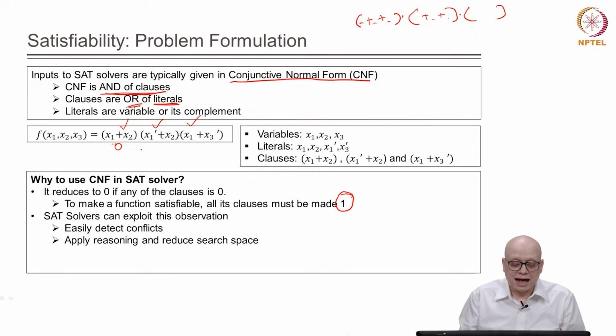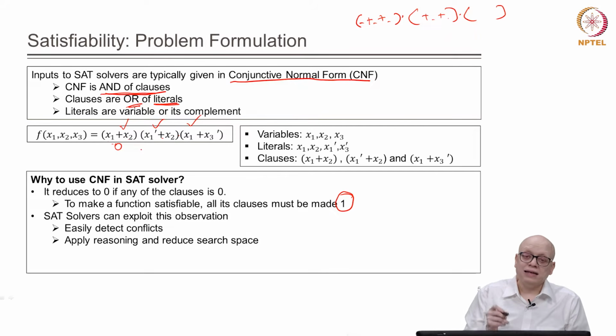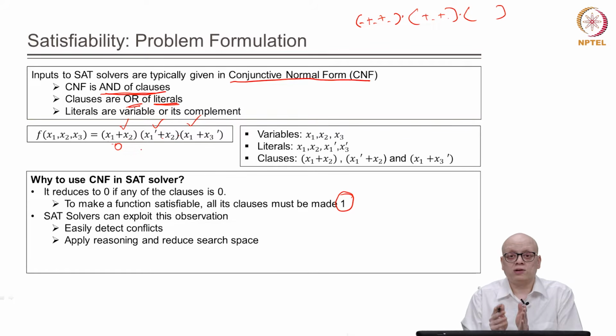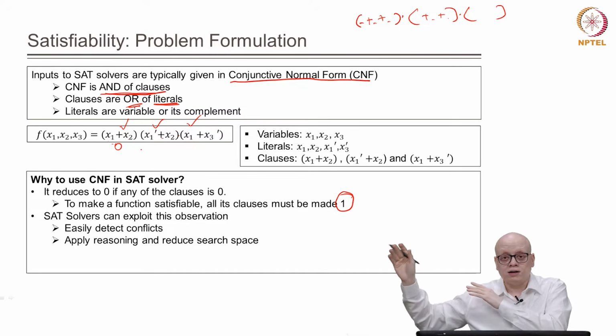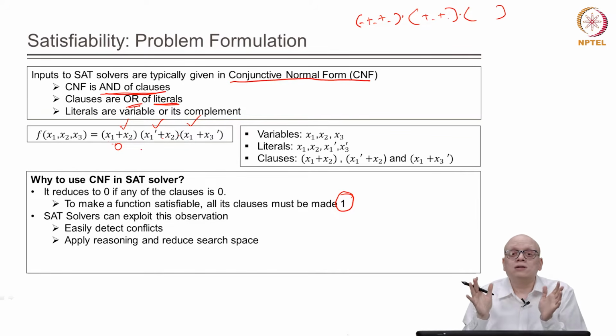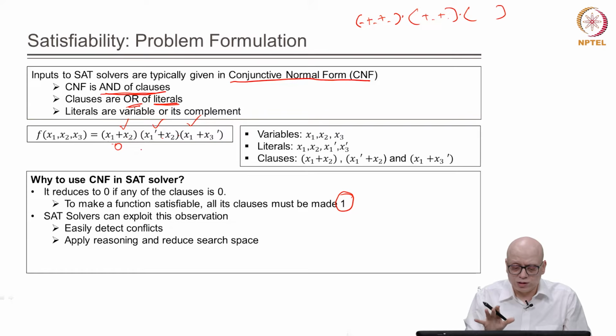And a SAT solver can basically exploit this observation to easily detect conflicts on assignment, meaning that it can say that when this variable takes 0, and this variable takes 0, then the third variable cannot take 1 to make it satisfiable, and so on. What a conflict is we will see in more detail.